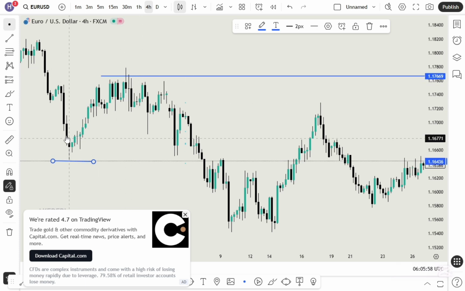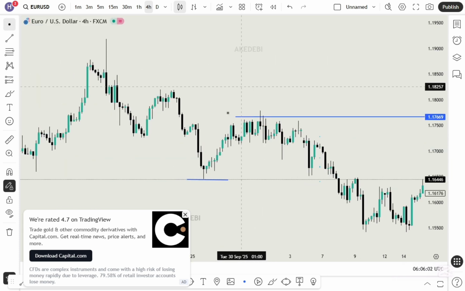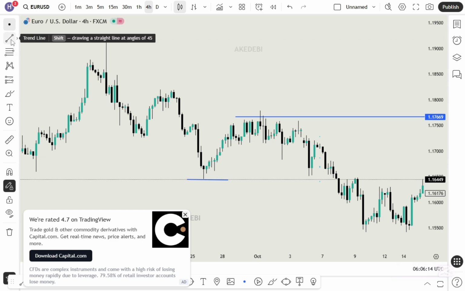Every angle you see here acts as a liquidity zone. Please pay good attention, because I really want you to get what I'm saying.